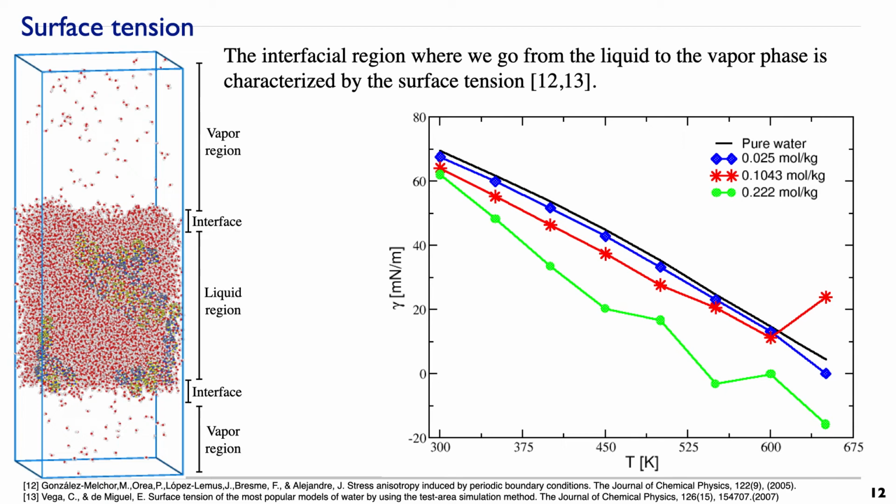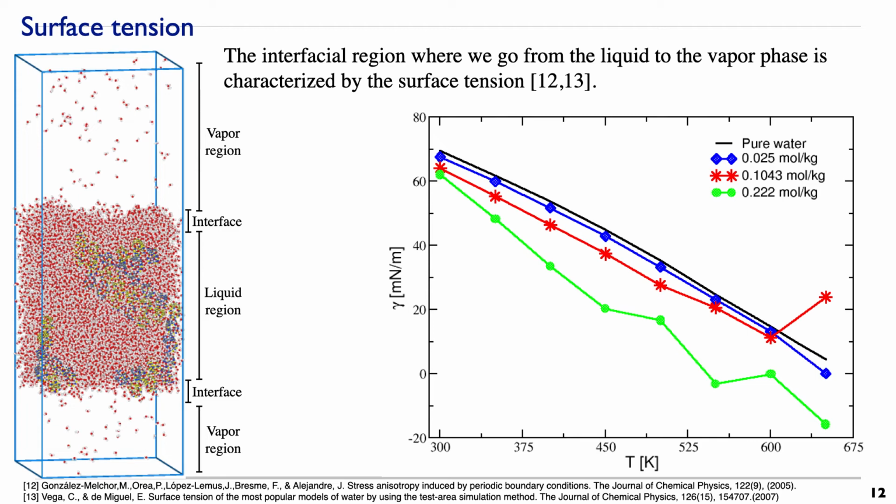So we calculate the surface tension for the three concentrations and compare them with the surface tension of pure water obtained in this simulation work. We observe that as the concentration increases, the surface tension decreases. That is to say that the nanotubes favor the movement of the water molecules from the liquid phase to the vapor phase. As the temperature increases, it becomes a tensive mixture.